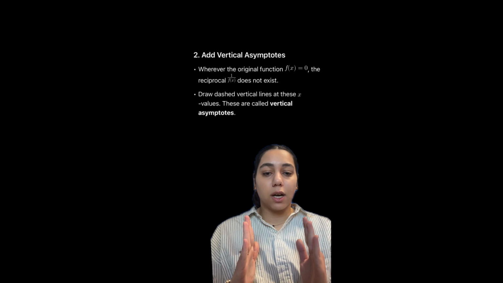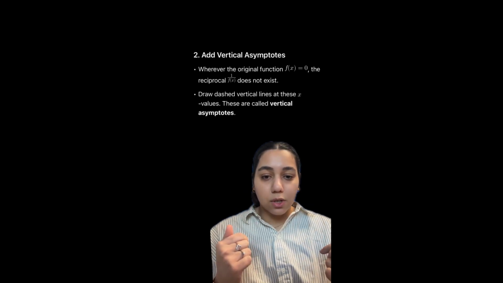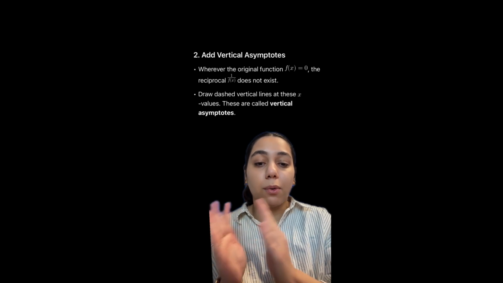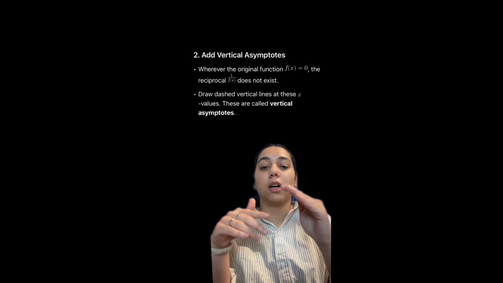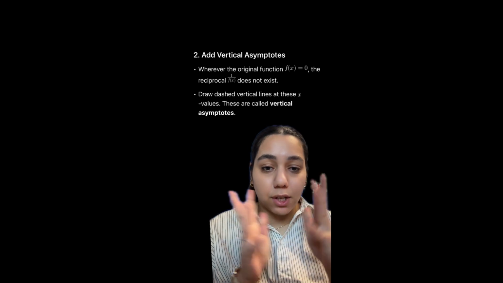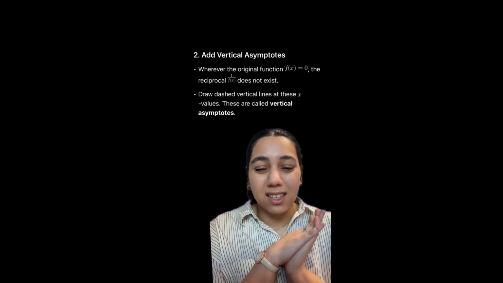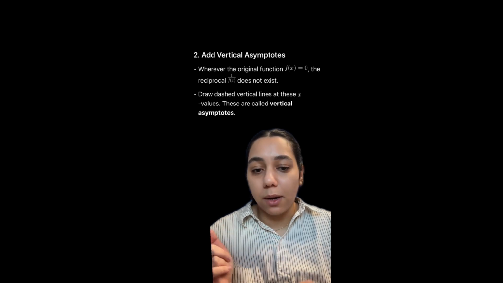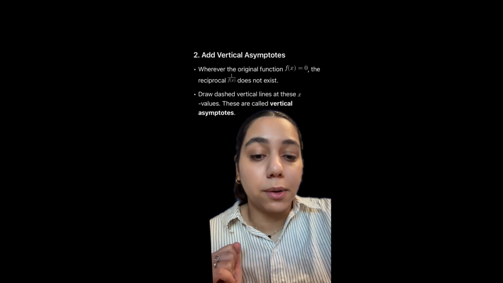Just put 2 vertical lines there and tell yourself that my reciprocal function is not gonna go over these 2 lines, okay? Draw dashed vertical lines on that. Why? Because this is how we show vertical asymptotes in math, okay? Come to the next part.